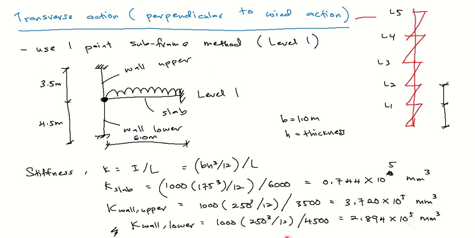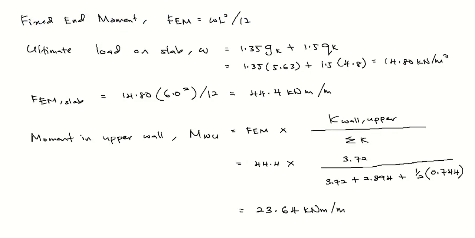What else will we use? What is the same thing? FEM is not the same thing. The value of W is also not similar, because this is 5.63 and 4.8 is for floor loads.